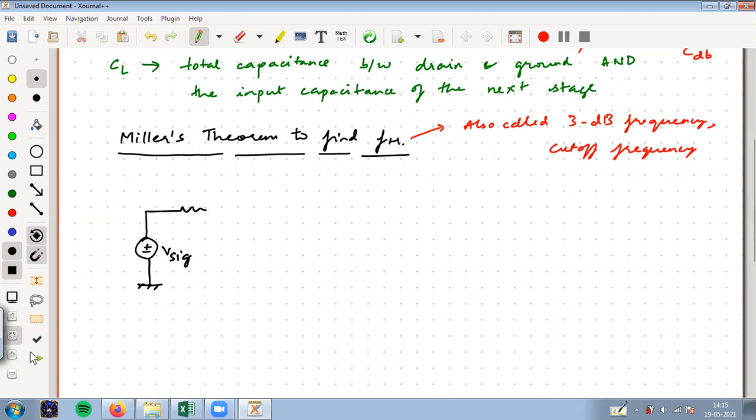This is my R signal. Then here I have CGS, with plus minus VGS across it. I had a CGD here, that I'll replace with this capacitance.